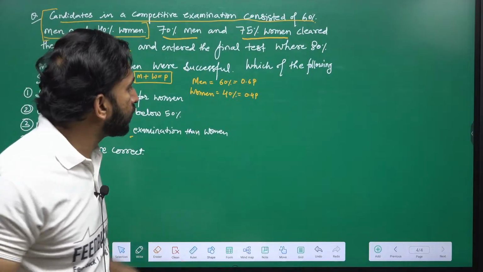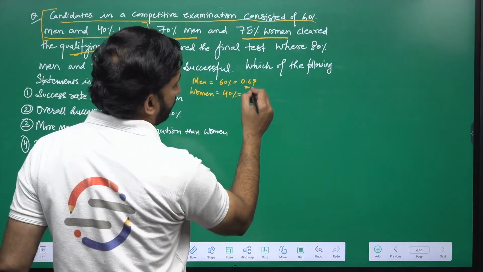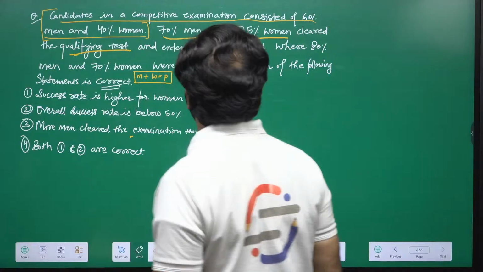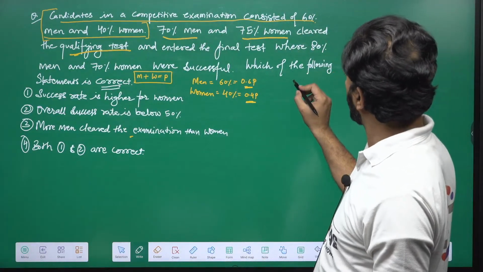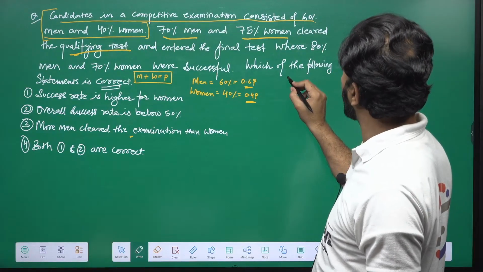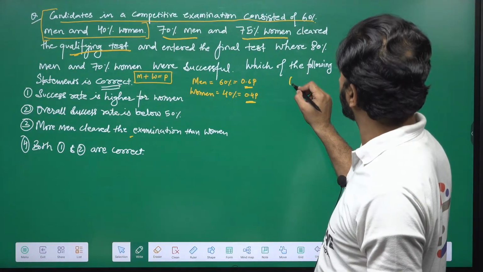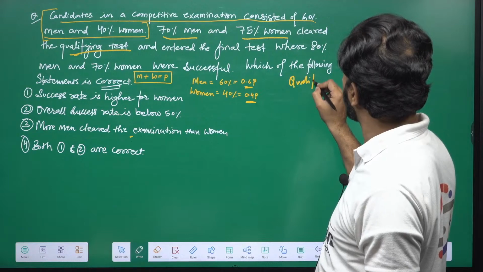This figure which we have calculated here, right? So how many became qualifying?